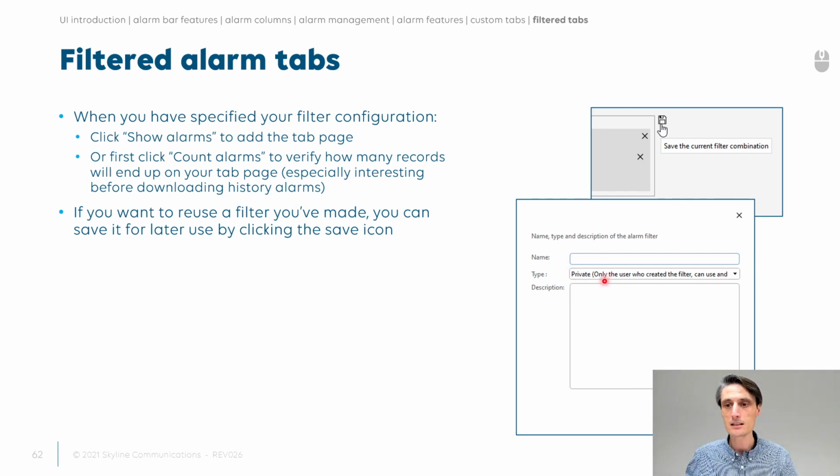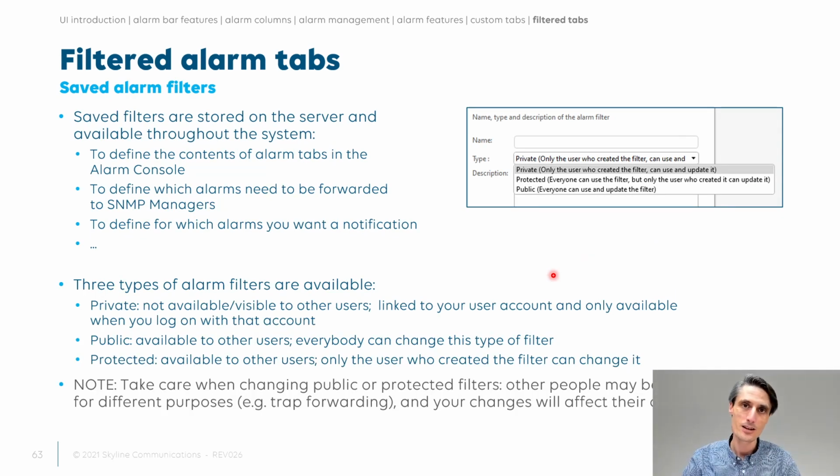But you see that there is a type of filter you can specify. What is that type of filter? Well, we have this type level in various places. And what does it mean? Well, either it is a private item. Private means that it will only be visible and available for me, for my user. So it's a private thing for me.